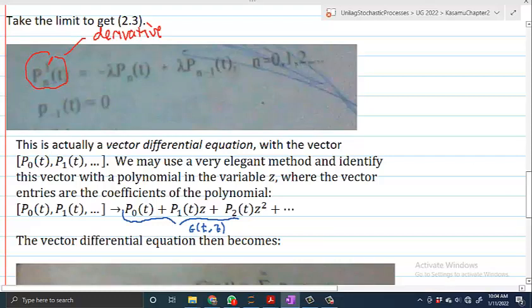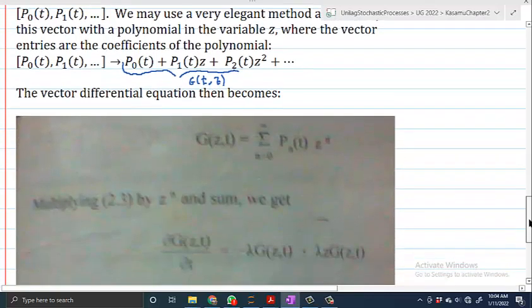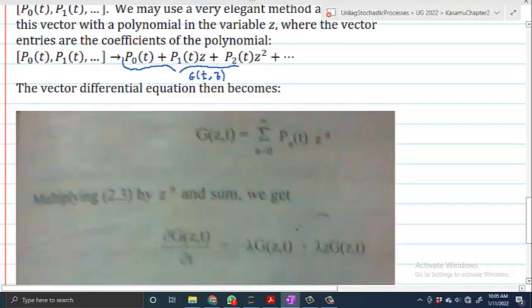If I multiply this term by z and sum, you can see that what you get in fact is equal to z times the polynomial g. Okay?